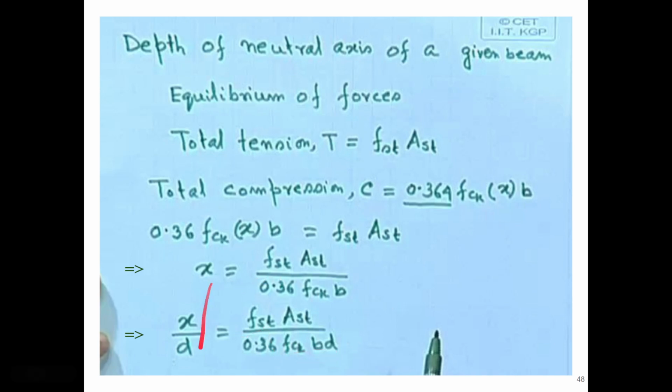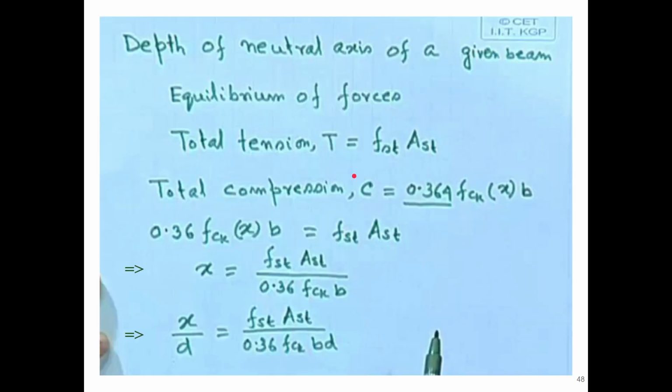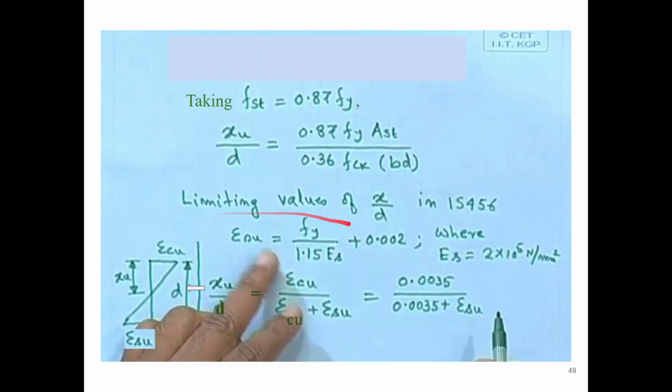Now taking fst equal to 0.87 fy, we get xu by d is equal to 0.87 fy ast by 0.36 fck into bd, right?